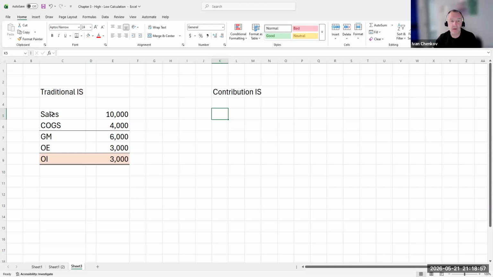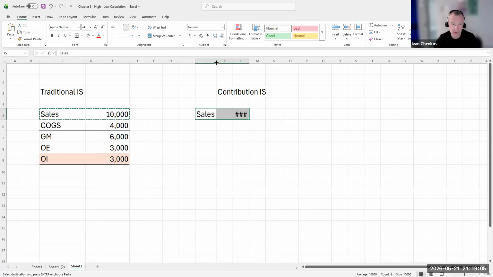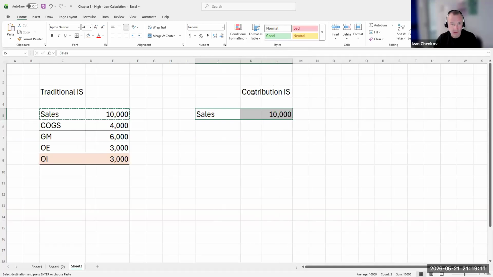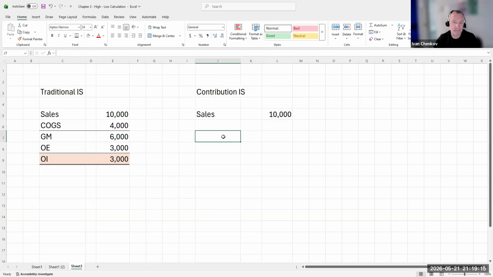So how is this going to work? Very simple. We're going to have the sales, that's not going to change. We cannot change the sales. Sales will be the same. The interesting thing is I cannot change the operating income either. So my operating income is going to stay exactly the same.